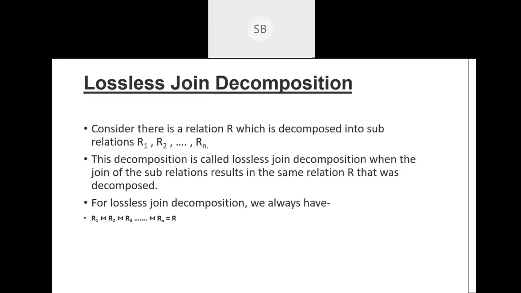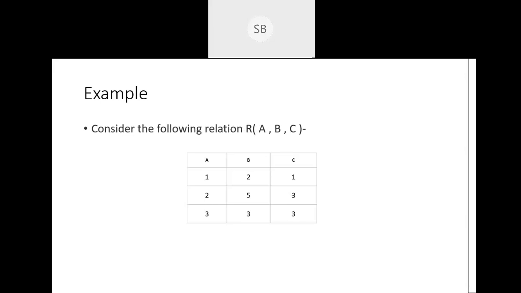Now for lossless decomposition, to check the criteria, we have to go for natural join. Natural join, if you remember from relational algebra, is nothing but a Cartesian product followed by a selection, right? So let me tell you, suppose we have broken it down.